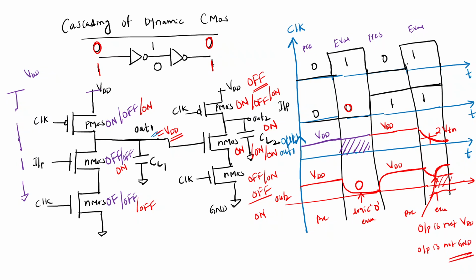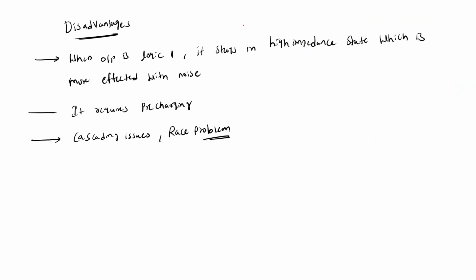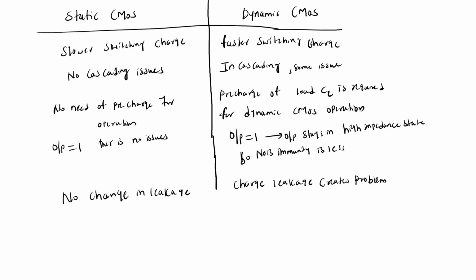Output is not ground. So here you will get the problem when you cascade this dynamic CMOS. I told you in the disadvantages, there are cascade issues and race problems. So what is the cascade issue? When output is 1, there is no issue for static CMOS.